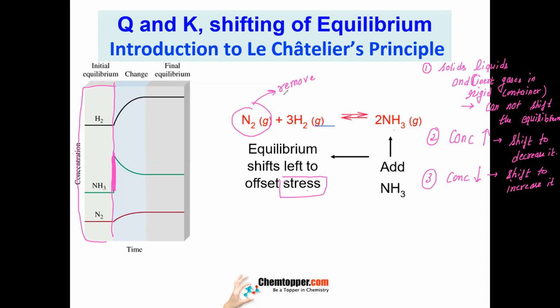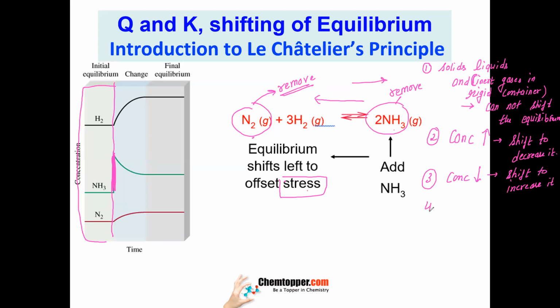Remove. In which direction? It will shift to the left to increase it. If I remove ammonia, then it will shift to the right to increase it.